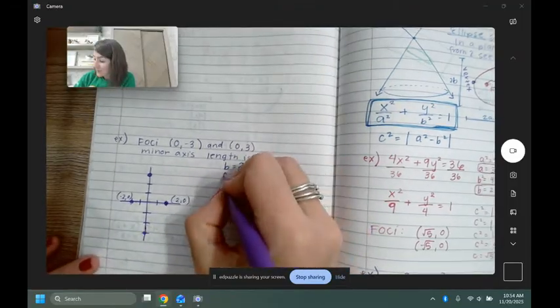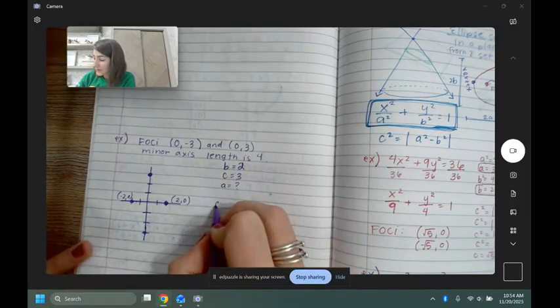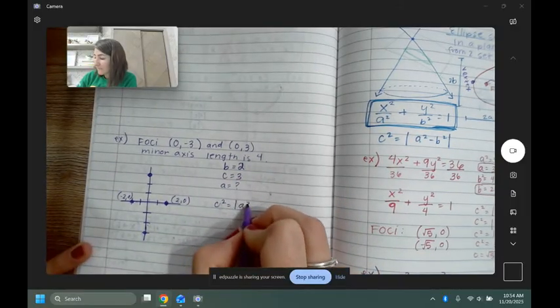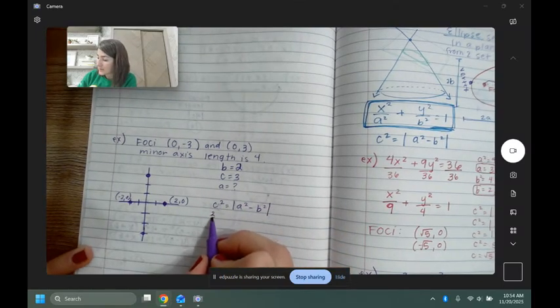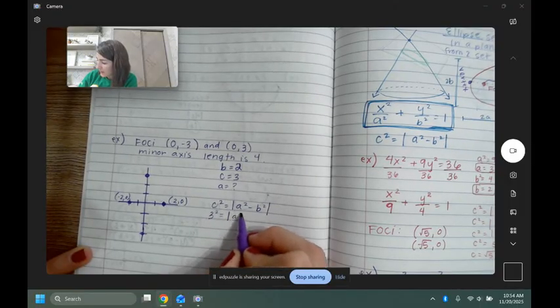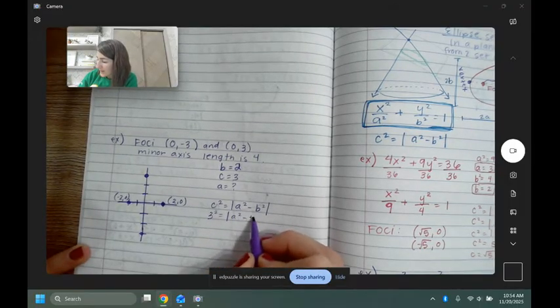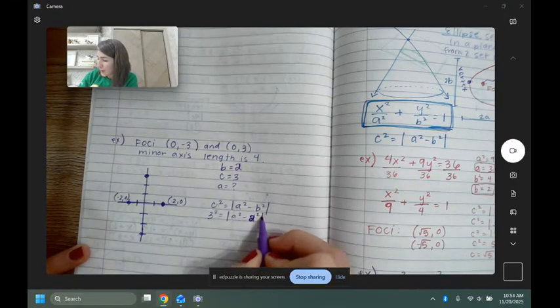B is 2, C is 3, what's A? So if I plug this into my bigger equation here, C squared is 3 squared. I can leave that as A squared minus, jumping ahead, 2 squared.